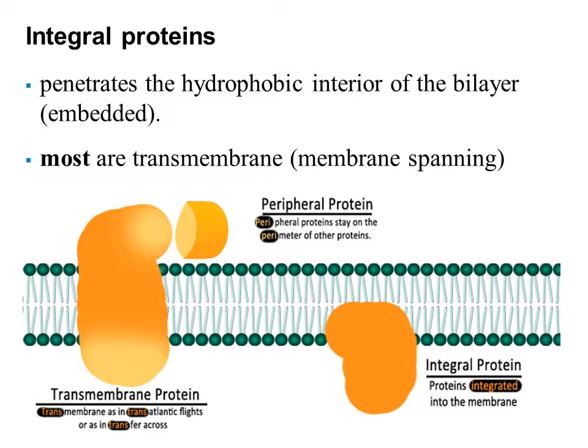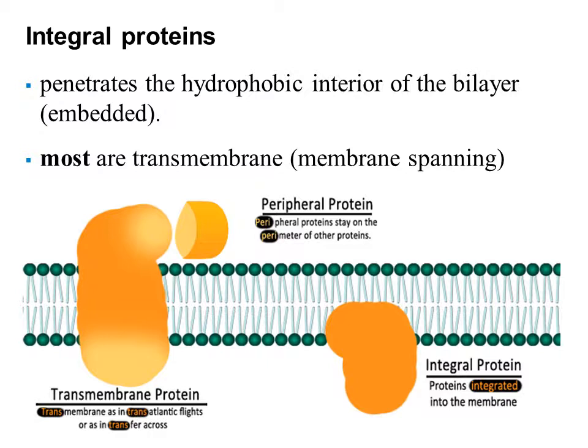That gold circle blob that penetrates that membrane to the right, notice that it only penetrates the interior. It doesn't go all the way through to the top phospholipids. So that is a characteristic of an integral protein. It penetrates the hydrophobic interior.